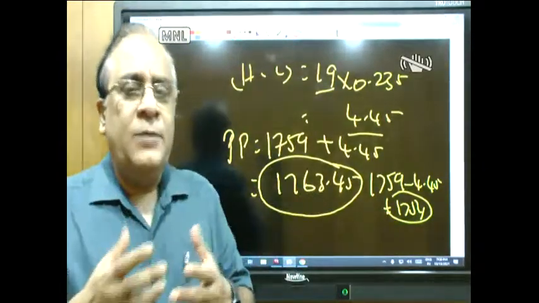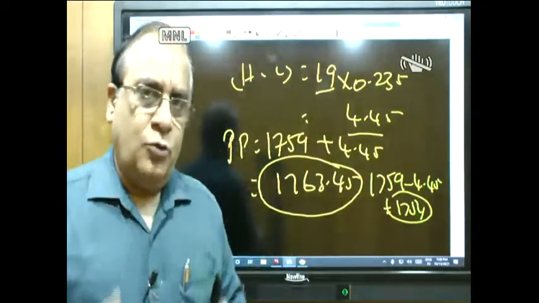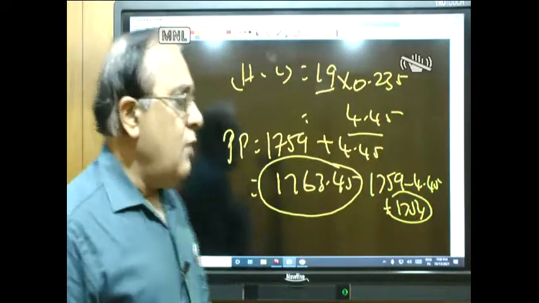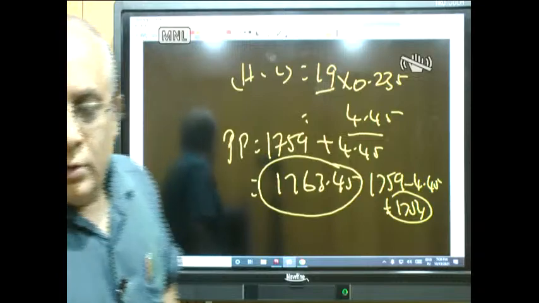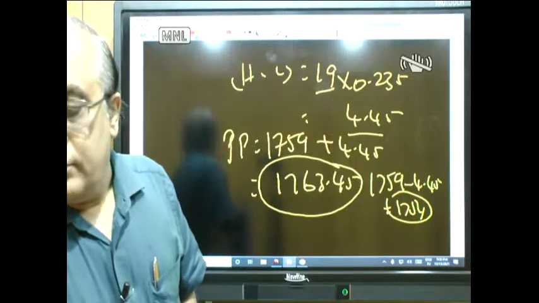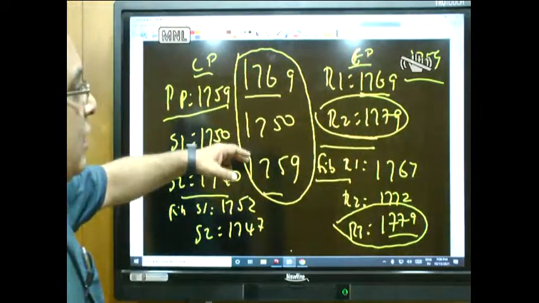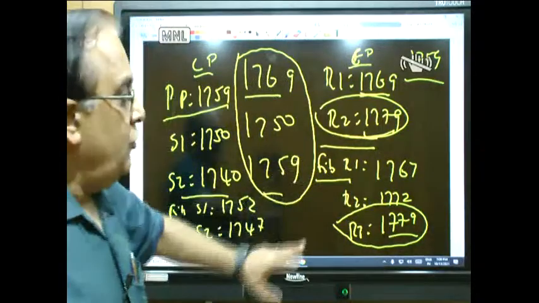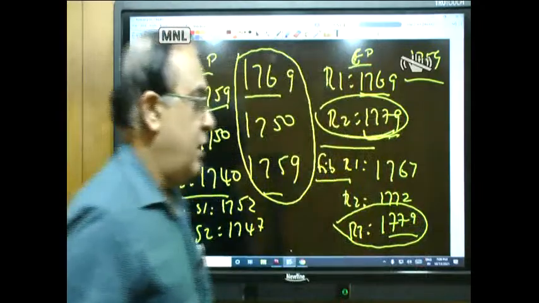Normally, generally asset markets find it difficult to cross R2. Particularly classic pivot R2 is going to be quite difficult. So here what we saw was 1779 as the classic pivot R2, which could be the R3 of Fibonacci. So 1779 is going to be a very, very difficult level to cross, generally speaking.